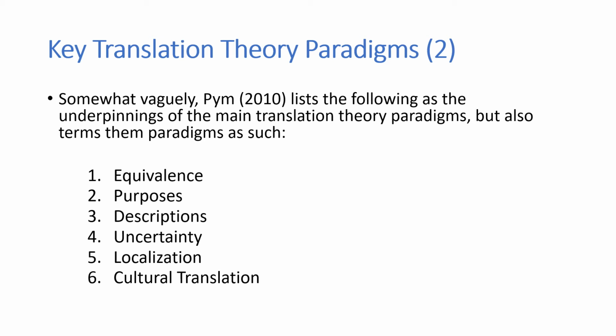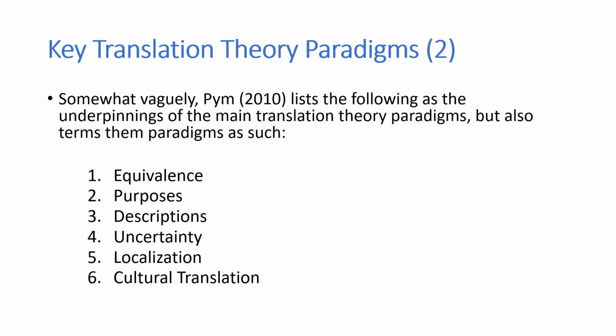Number three would be descriptions. This is what we call descriptive translation studies. Translations are described not prescriptively, not as they should be. This is a good translation, this is a bad translation.